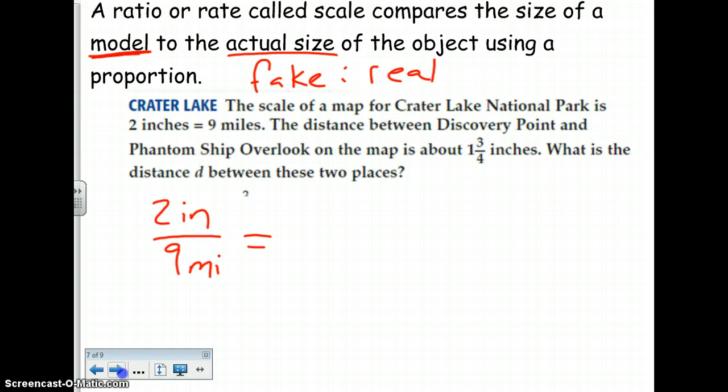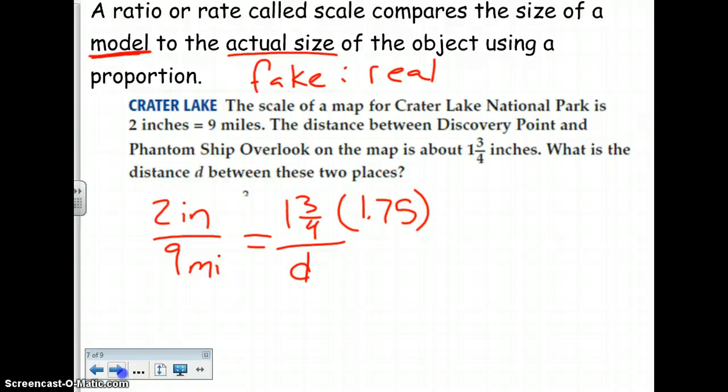The distance between Discovery Point and Phantom Ship Overlooks is about 1 3/4 inches, to D. We can change this to 1.75 and substitute that, and go 1.75 times 9. That gives us 15.75 when we cross multiply, equals 2D.